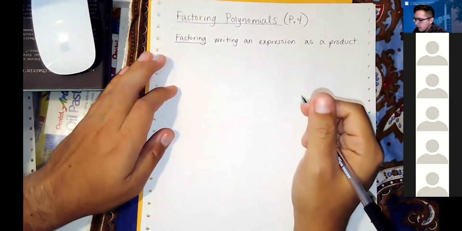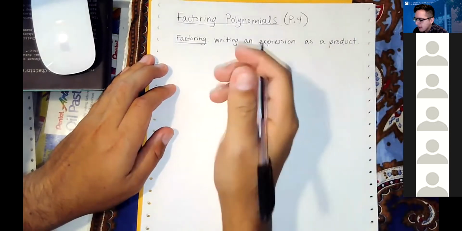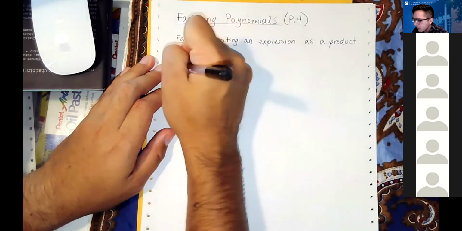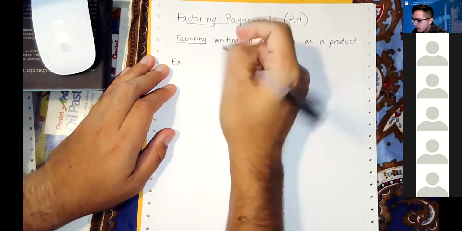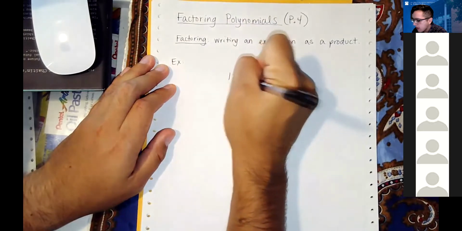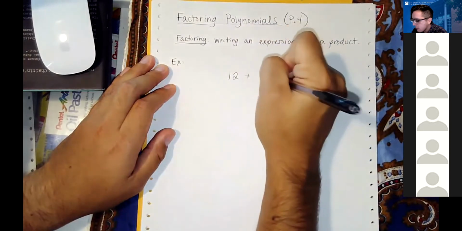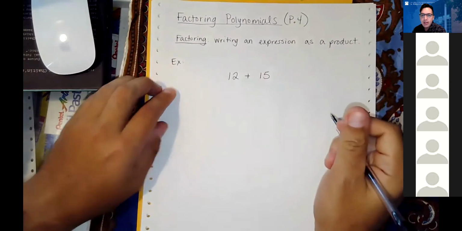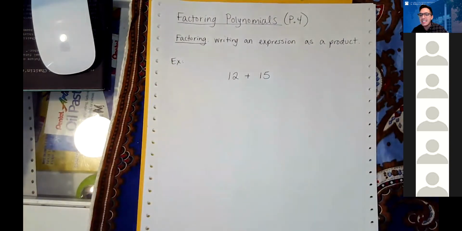So in that sense, let's look at a really concrete example with just numbers. Imagine that I gave you the numbers 12 plus 15. We want to write this not as an addition problem or a statement of adding 2 numbers, but as a multiplication problem, where we have something multiplied by maybe 2 other smaller, simpler numbers.